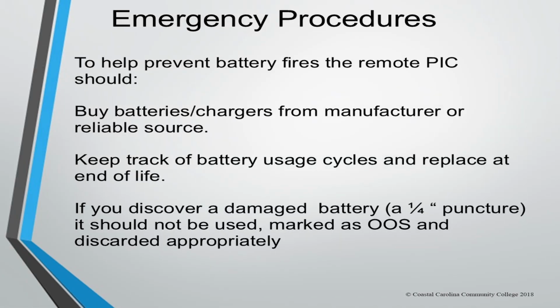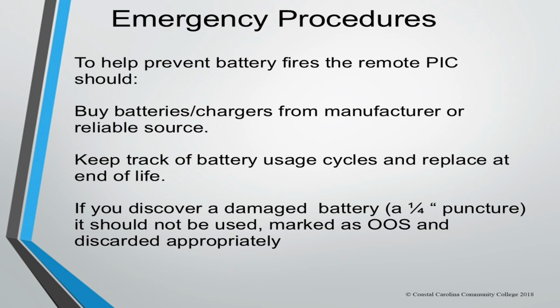To help prevent battery fires, you should buy batteries and chargers from the manufacturer or a reliable source. You should keep track of battery usage cycles and replace at end of life. That means your log needs to indicate what battery or batteries were used for that mission.